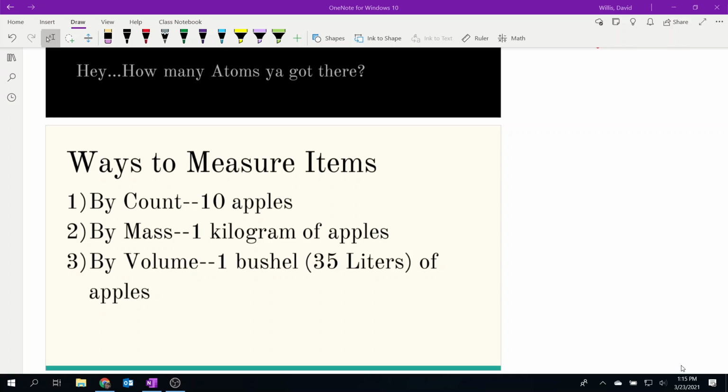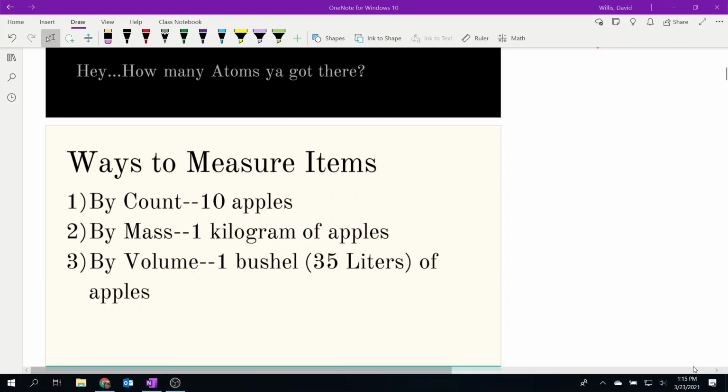A bushel is about the size of a medium laundry basket and would contain 35 liters. Hold that up, Grant. That's a liter. There you go. That's a 1 liter water bottle, and 35 of those would be considered a bushel. So your nice basic bushel basket.